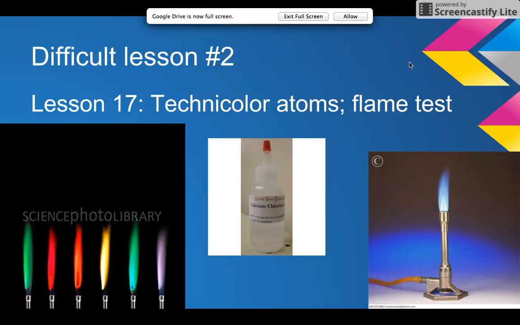What I do with my classes is I have single stations at Bunsen burners in which students observe only one substance in the flame test, and then move on from station to station to station. That reduces the opportunity for cross-contamination and ensures that students see the proper flames and come to the correct conclusion that it's the cation rather than the anion that is causing the colored flame.